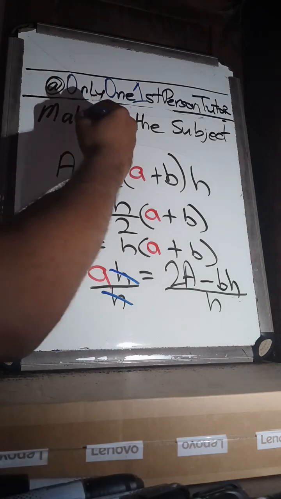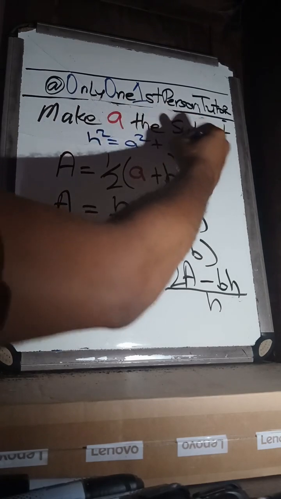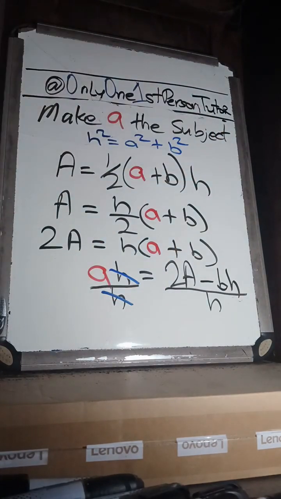So when we wanted to get rid of b squared, we minus b squared from both sides. So therefore you'd end up with h squared minus b squared is equal to a squared. Right?